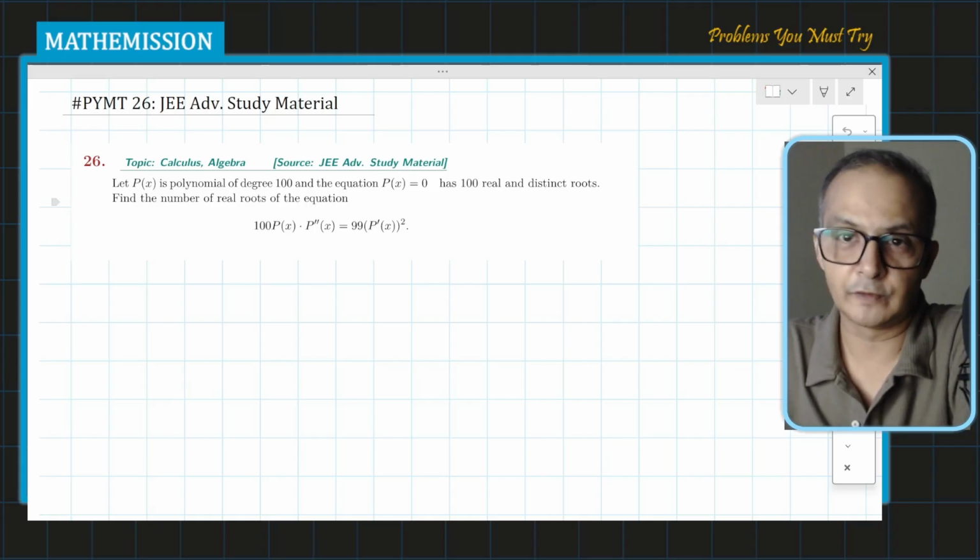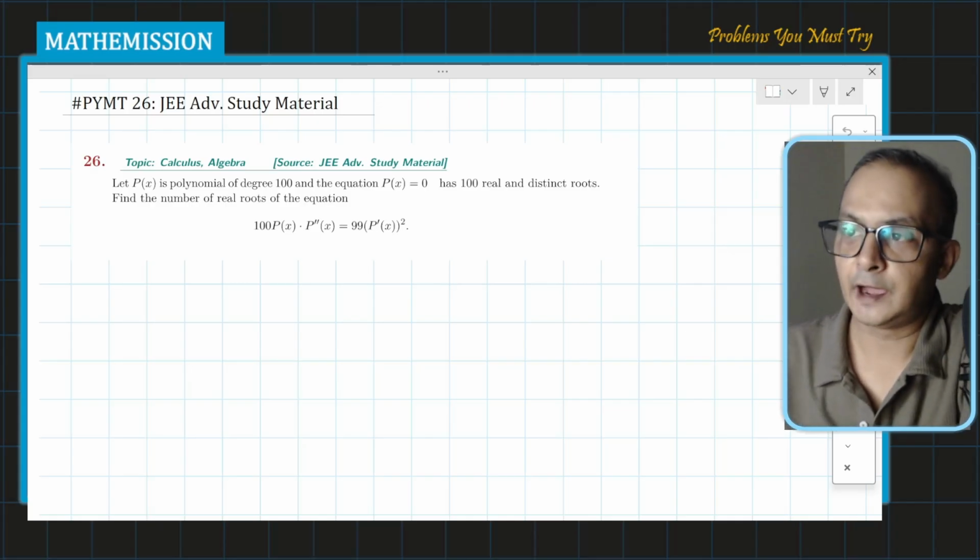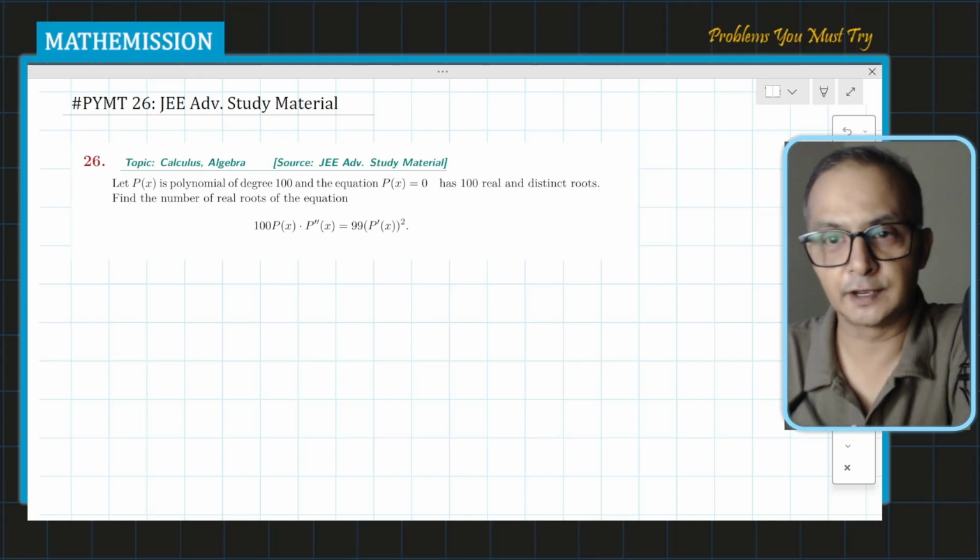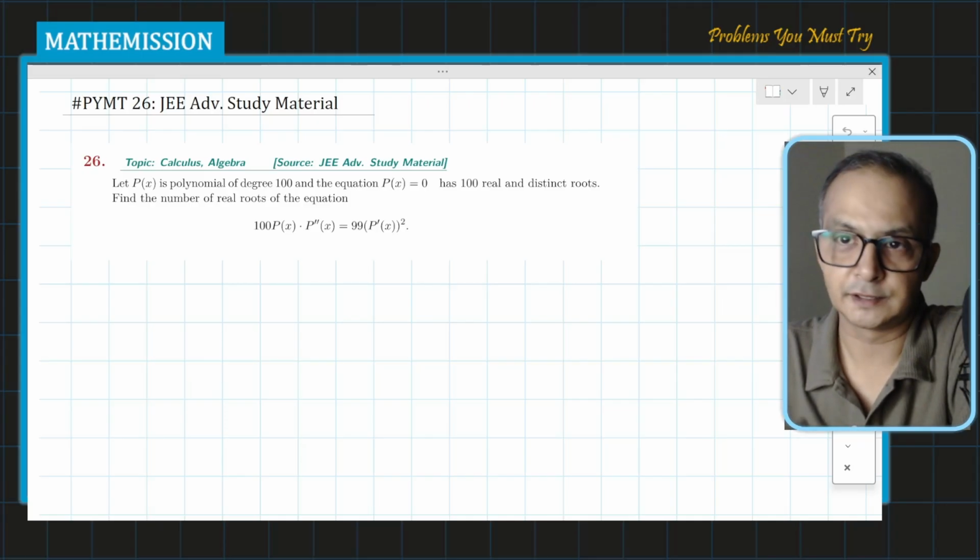So that also we will see. So if you give a try, that will be more appreciated. Before jumping to the solution, you can just solve this question, and if you solve it correctly, you will get the answer 0. Means the number of real roots of this equation will become 0. Therefore, there are no real roots of this equation at all.